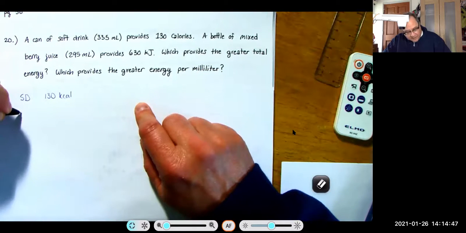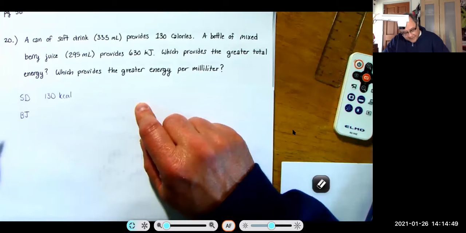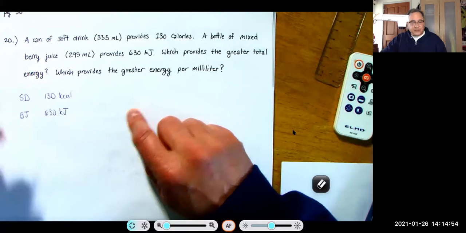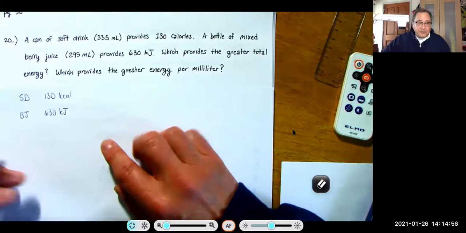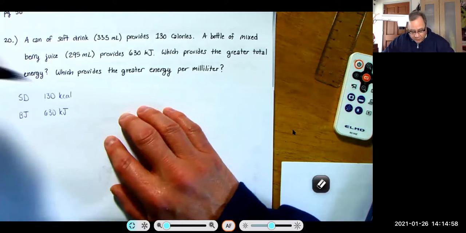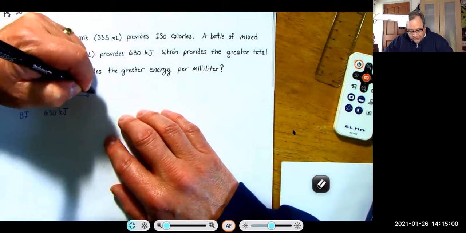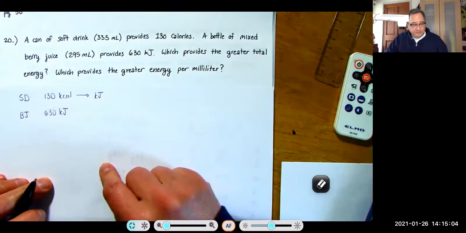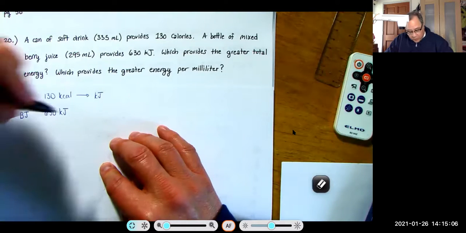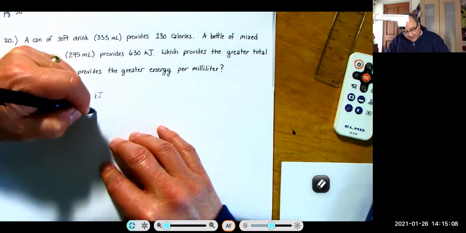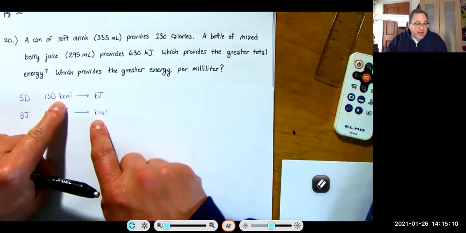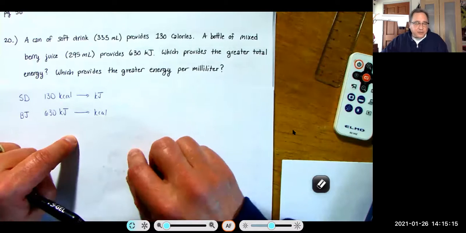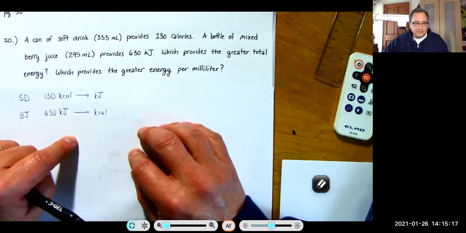And for the berry juice, we've got 630 kilojoules. So which is greater? And we're comparing apples and oranges. So if we convert this into kilojoules, we can then compare these two numbers and see which one is greater. Or we can convert this to kcals and compare these two numbers. Regardless of which method we do, we should get the same answer.